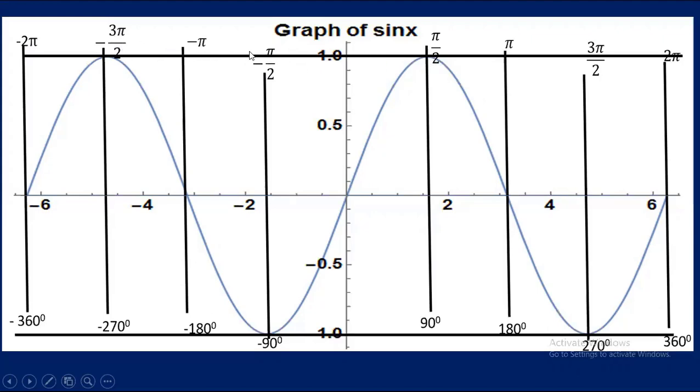Actual length is 2 pi. Minus 3 pi by 2, and this is pi by 2 from this 0 line. And this length is 3 pi by 2. So totally this length is 2 pi.